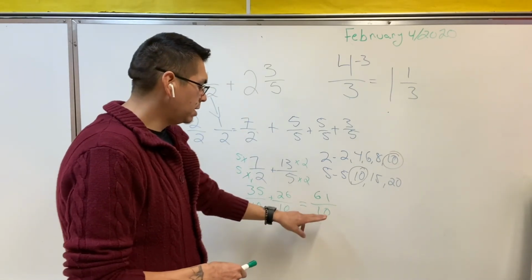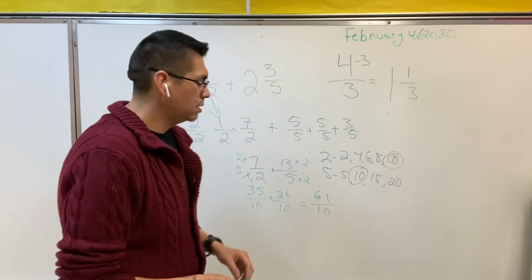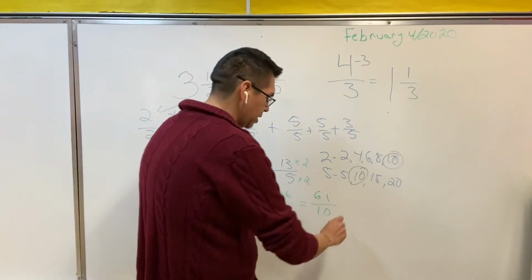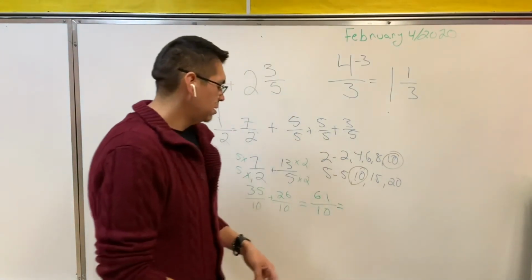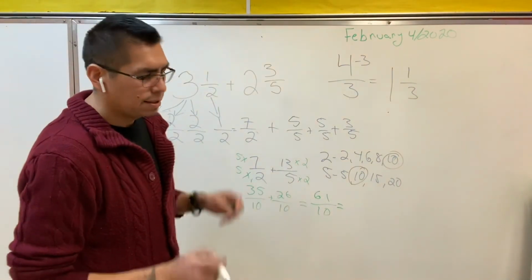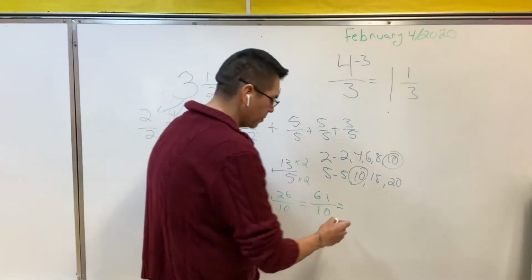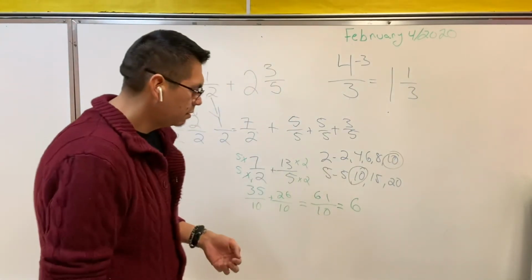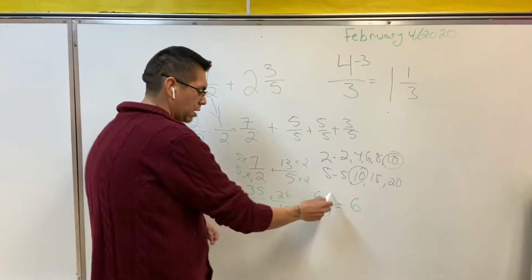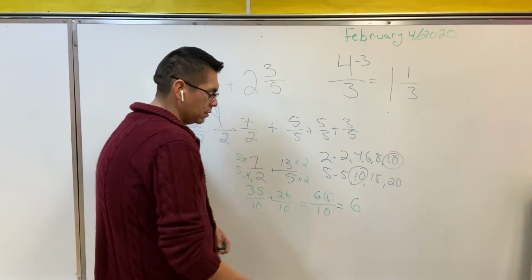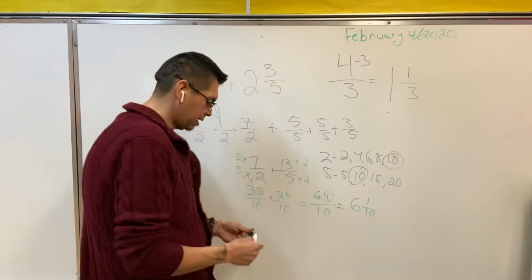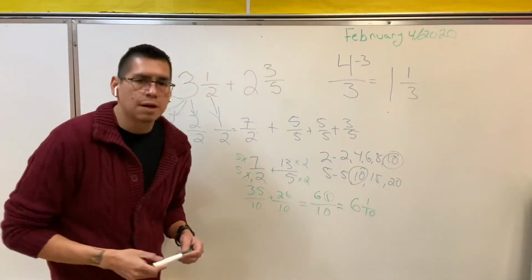How many times does 10 go into 61? And if you said 6 times, great, right? 10 goes into 60 6 times. What do we have left? We have the 1. So 6 and 1/10 is our answer.